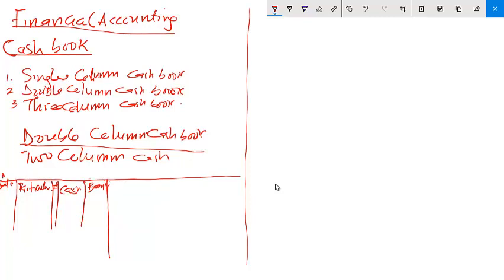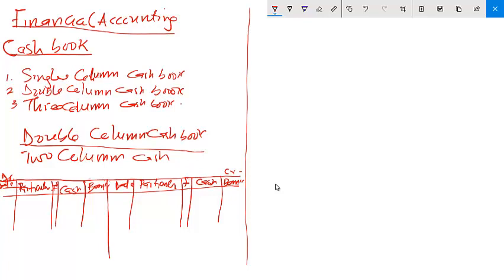And mind you, there's going to be a debit side and a credit side. Also, for the credit side, we are going to have a column for date, particulars, folio, cash, and bank. So this is the format for the double column cash book.